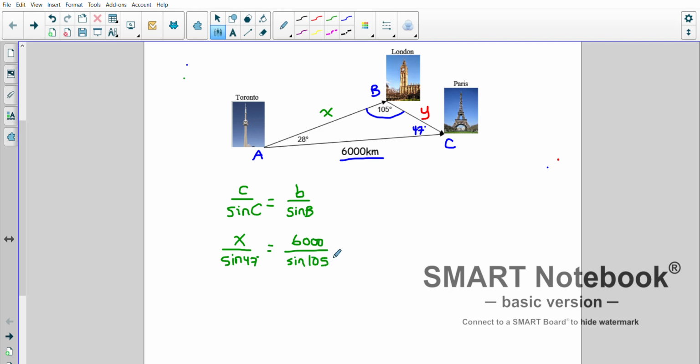All right, so this is something we can solve. These are just numbers, so anytime you have a proportion like this, you can just solve by cross multiplying. So sine 105 times x equals 6,000 times sine 47.